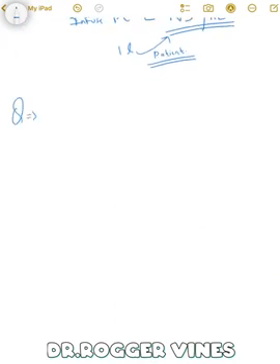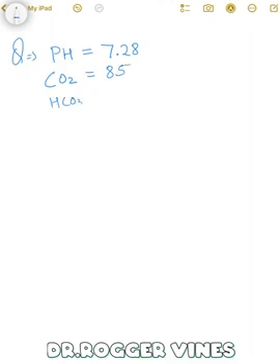Suppose the question is that the same patient comes and the pH after ABG analysis is 7.28, the carbon dioxide is about 85, and the bicarbonate is about 23. So you need to solve this question. How we are going to solve it is, first we need to see the pH.